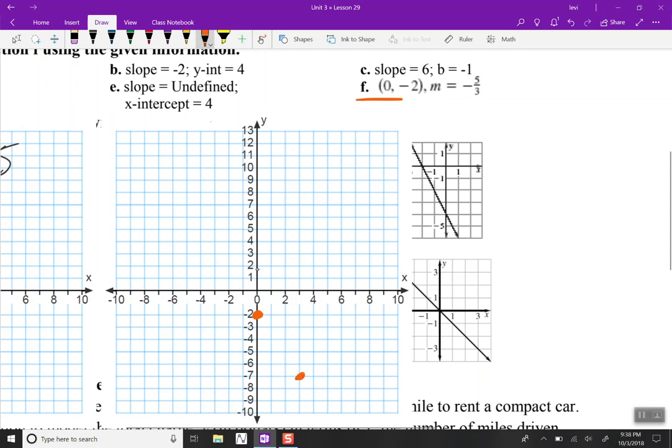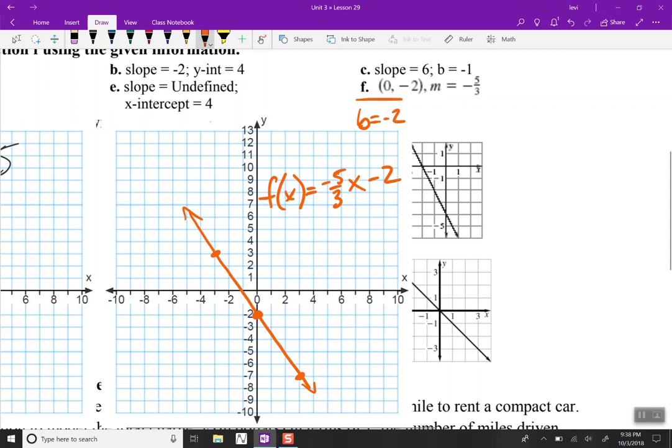Up 5, left 3. Alright, so we've got our line right here, right? So now, what's the y-intercept? This is really saying our y-intercept is what? B is negative 2, right? Because it gave us that point, negative 2. What's our slope? Negative 5/3, so that would be f of x equals negative 5/3 x minus 2.